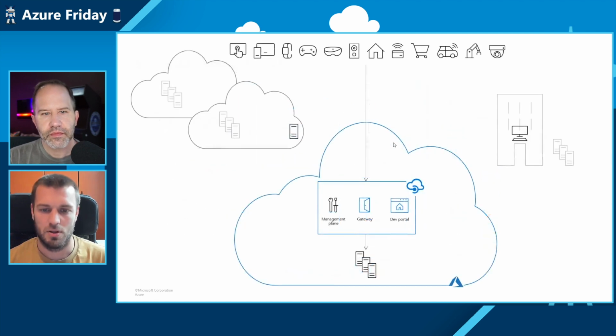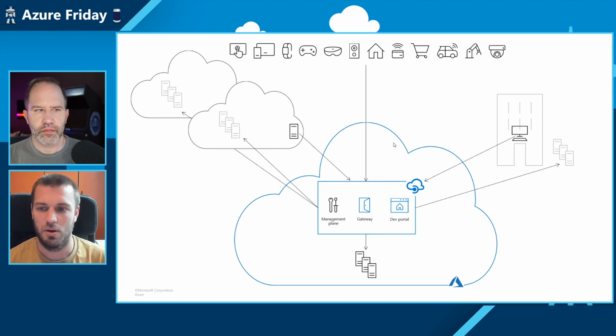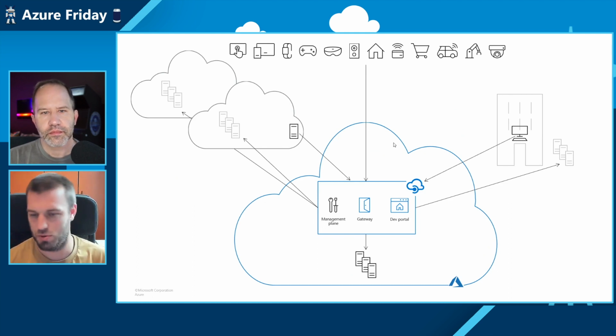So if you have a closer look at the cloud-based approach, you basically spin up an API management instance, and all your app users or integrators talk to the gateway in the cloud, which then connects to the various backends. However, in certain situations, you do not want to call Azure to go to, let's say, another cloud or an on prem system.